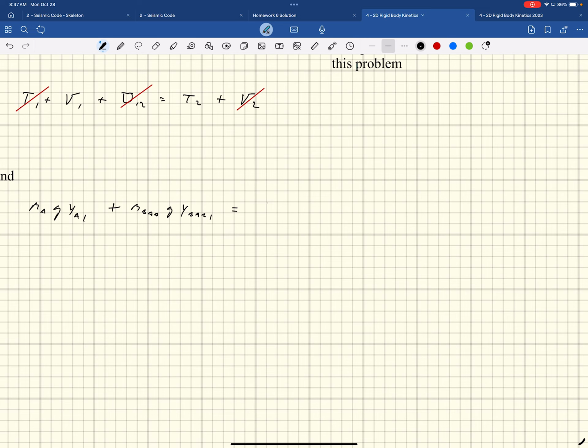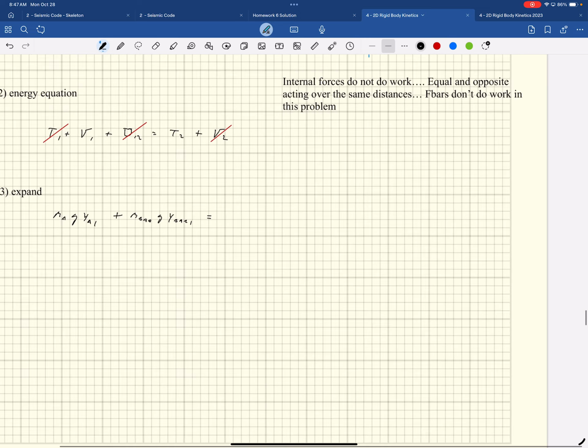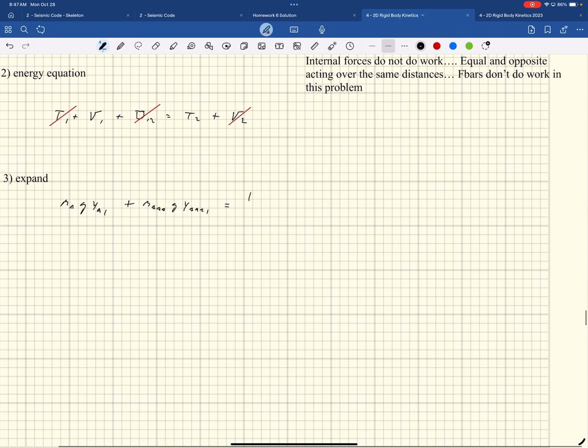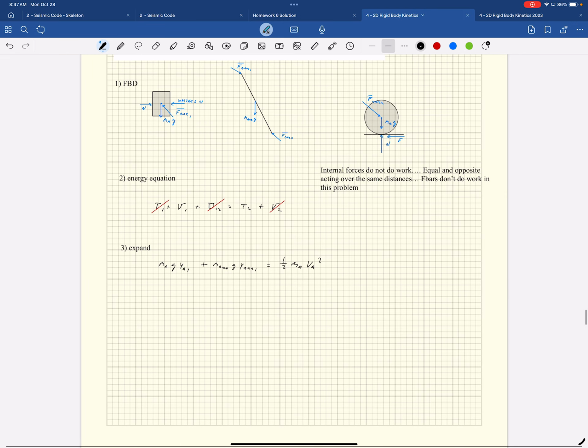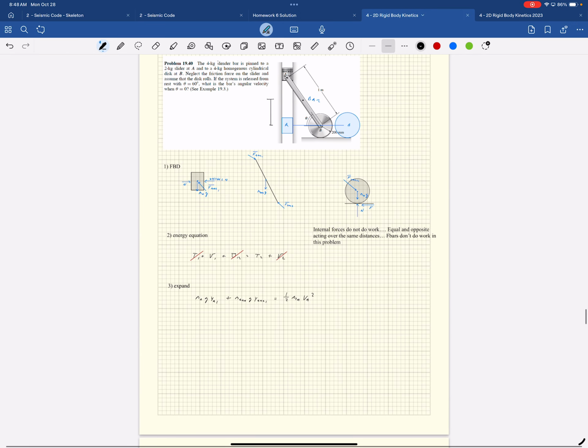The right-hand side of the equation, we need everything. We have 1/2 M_A V_A squared. What's nice is that's all we're going to have for this A, because A is not going to rotate. It's not rotating.